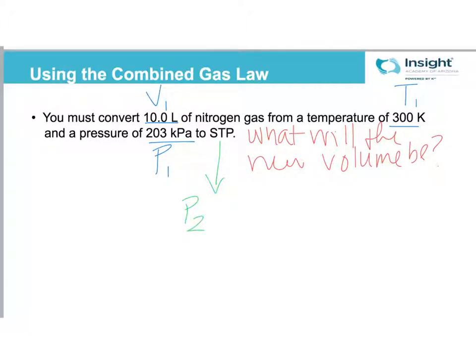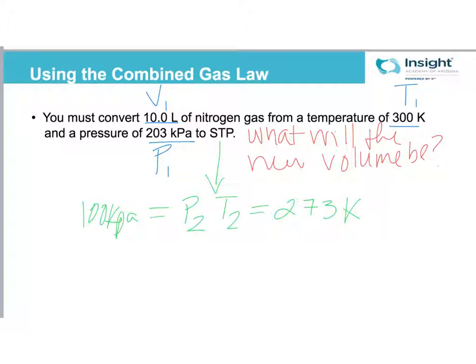We can get P2 and T2 out of STP. Pressure is going to be 100 kPa. And temperature is going to be 273 Kelvin. Because those are your values for STP. That's why you want to remember these. And if you don't remember these, if this doesn't sound familiar at all, go back to the very first recording.